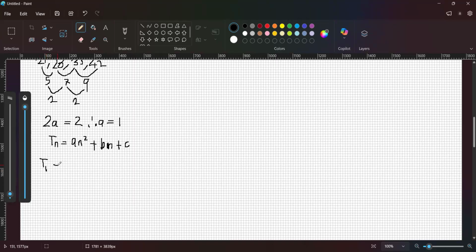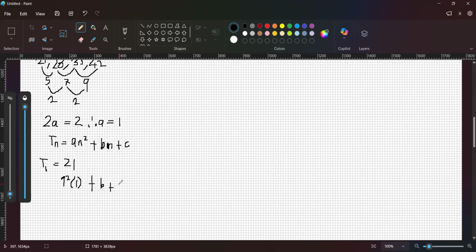So C1, according to our equation, will be equal to what? 21. Yes, 21. So we can now go ahead and do the substitution. That's going to be 1 squared times 1 again, plus b plus c.